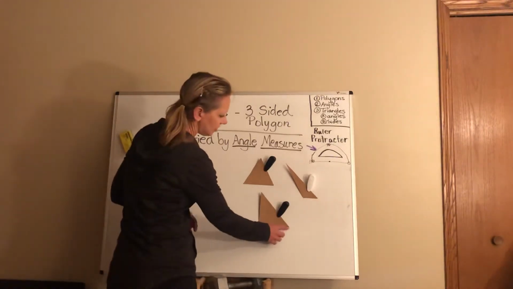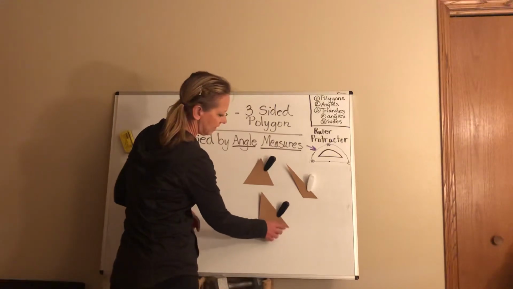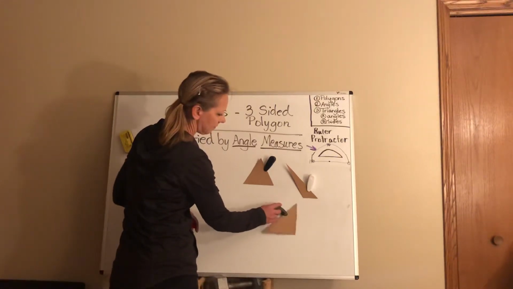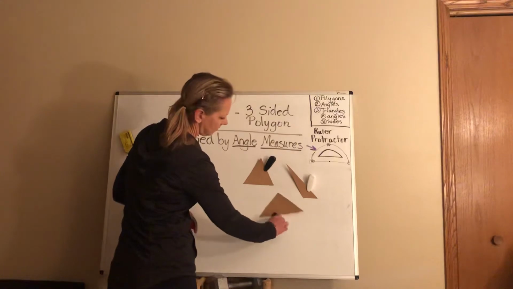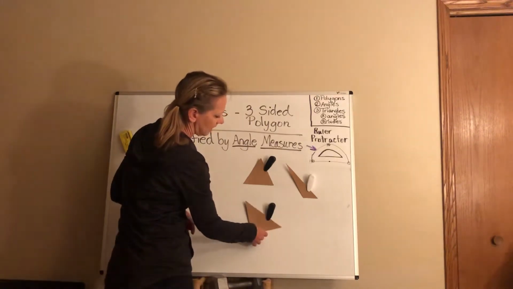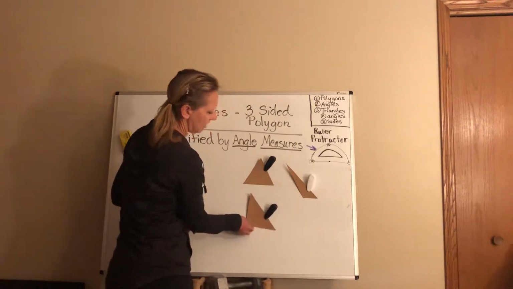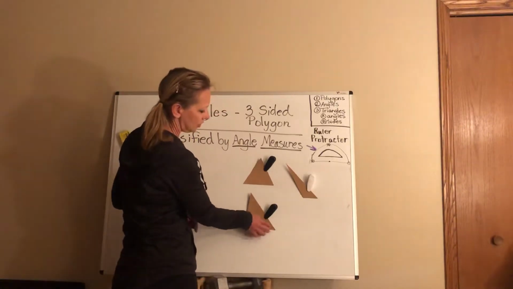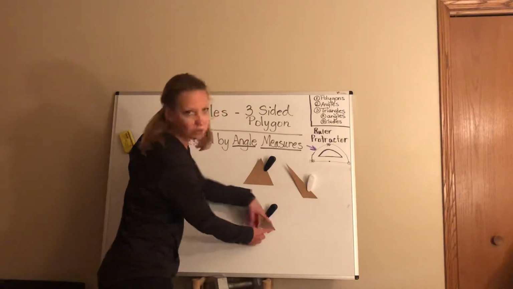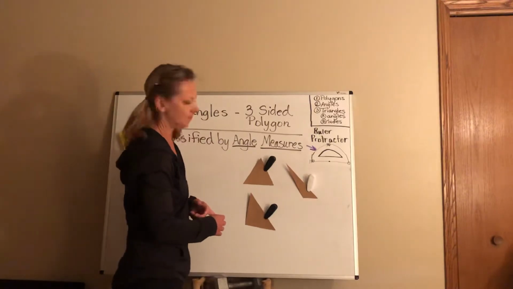So when I start to look at this small angle right here, this is a very small angle, and how you can tell it's a small angle is the 2 sides are close together when they start.